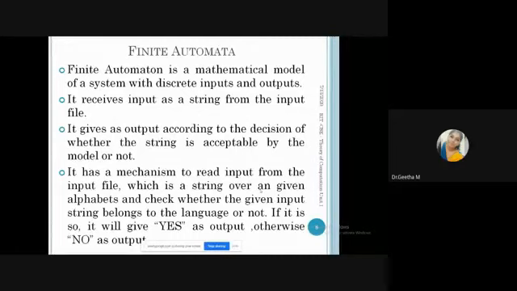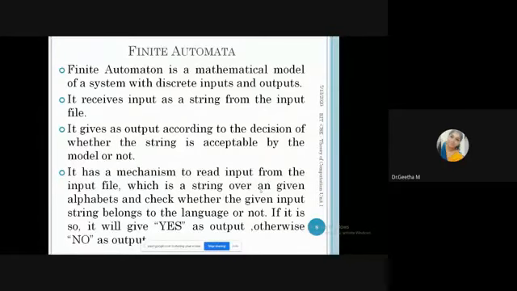Then what is the output you will get? Only two cases of output you may get: one is yes, another one is no. So your inputs are strings and the output is either yes or no.